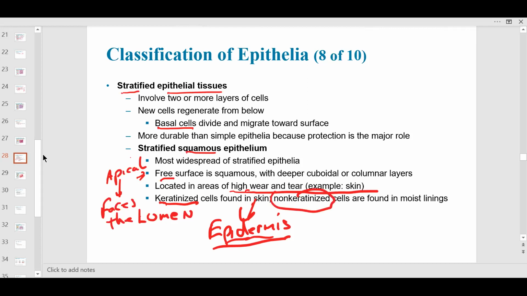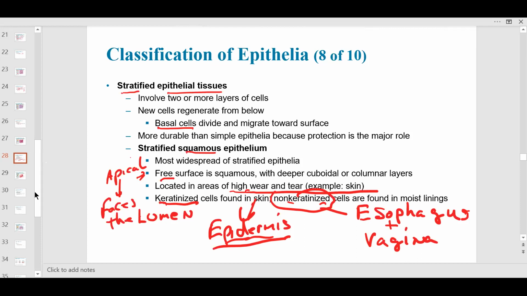Non-keratinized would be in a place like the esophagus.